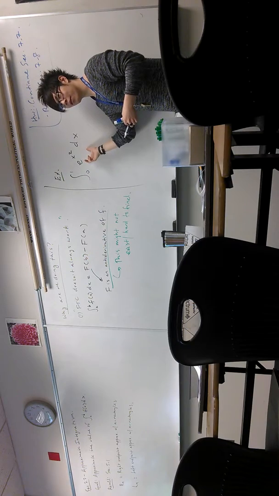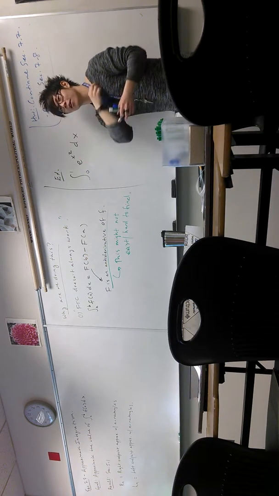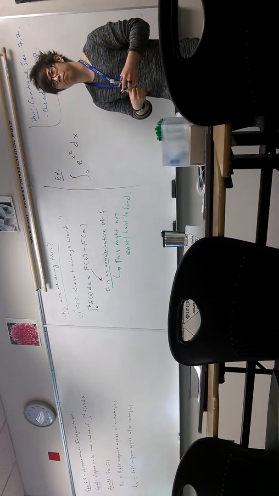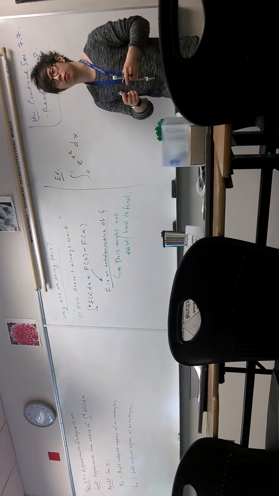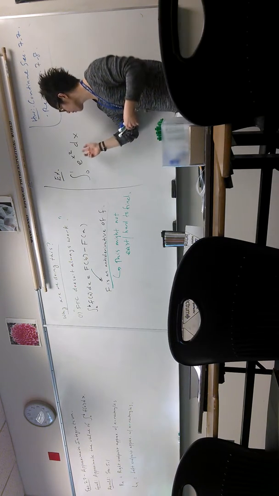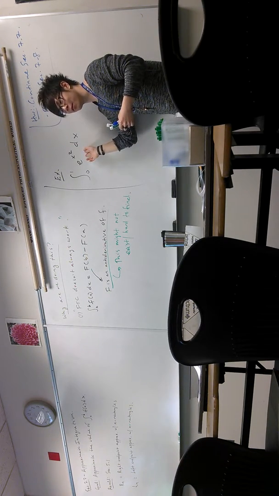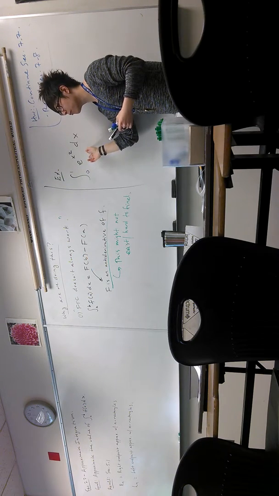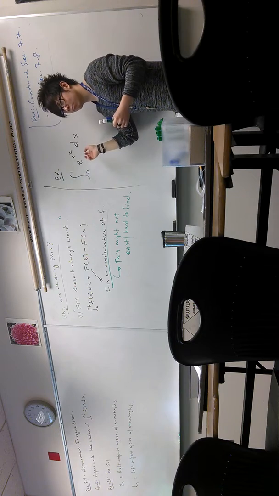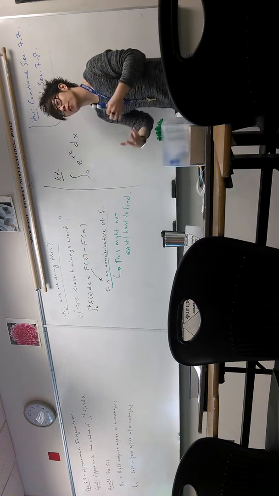If I gave you this question on a test and I asked you, okay, solve this using FTC, you won't be able to do it. Or you would try to do it, get an answer, and it would be wrong. It's because this function does not have a nice elementary antiderivative. Which means what? There is no function whose derivative is e to the x squared. You can't find one.